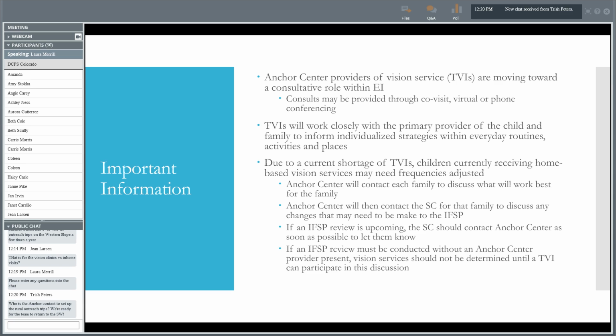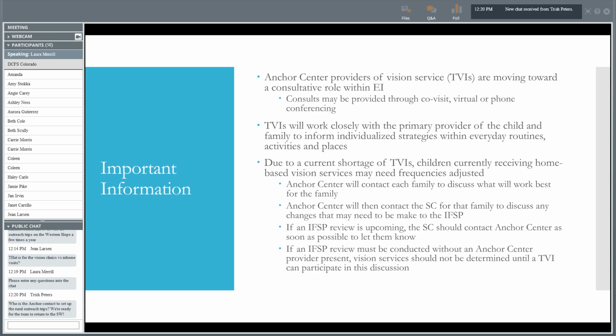And there are some things we need to think about right now because, as Paula mentioned, we have a current shortage of TVIs. The first one: encourage everyone to become a TVI. The second one: children currently receiving home-based vision services from Anchor may need their frequencies adjusted, and we've talked about how that process is going to work. Anchor Center is going to contact each family to discuss what will work best.